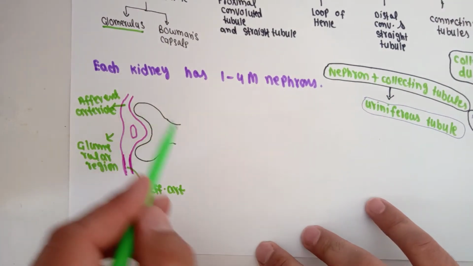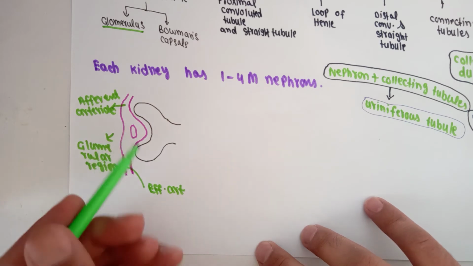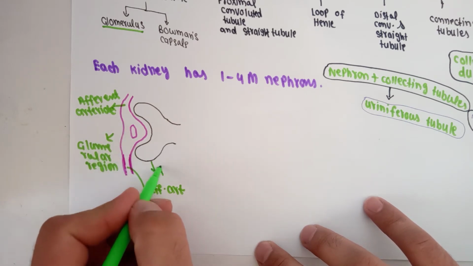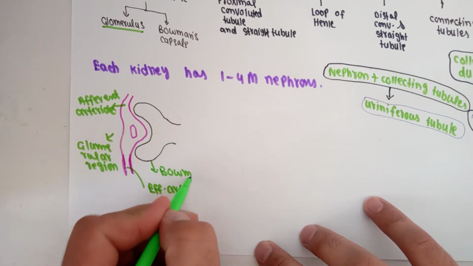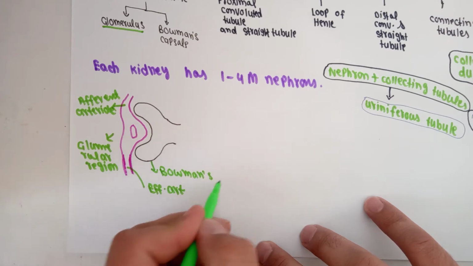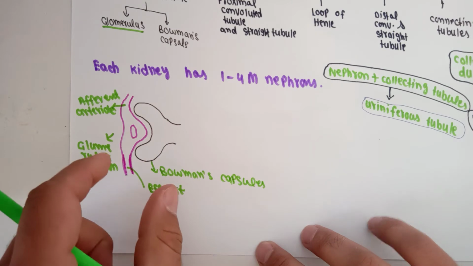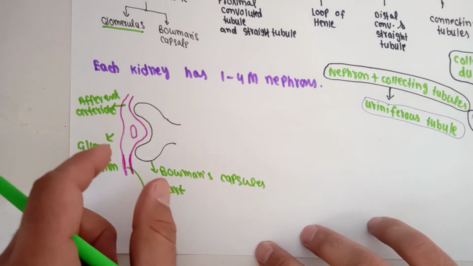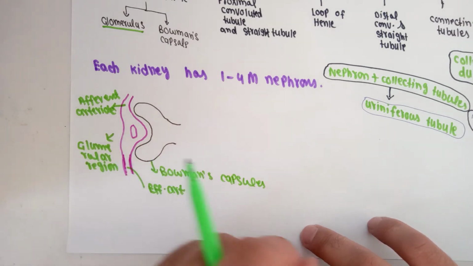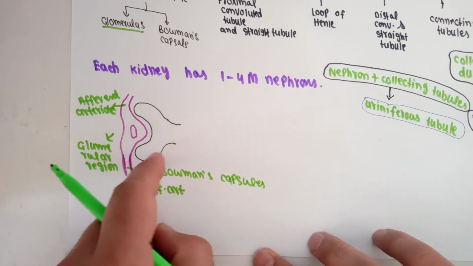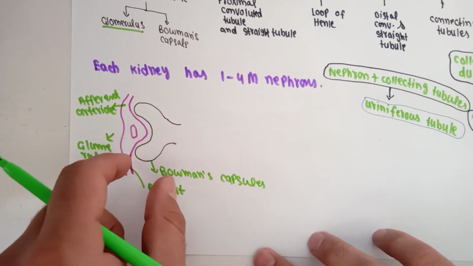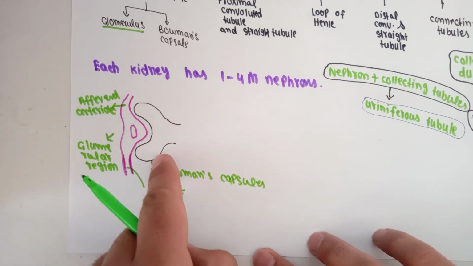The second part of the renal corpuscle is the Bowman capsule. This is Bowman's capsule. I will inshallah discuss this structure in detail after this lecture. This capsule consists of two layers of cells.